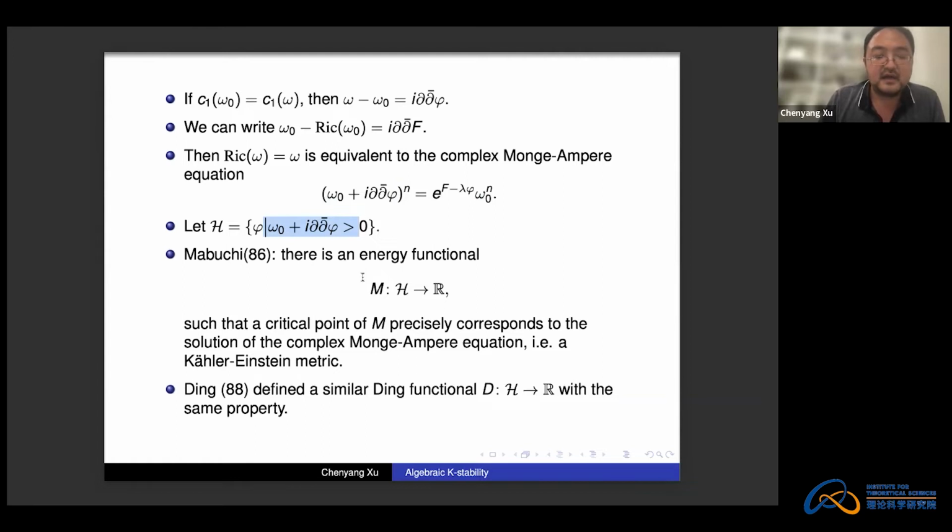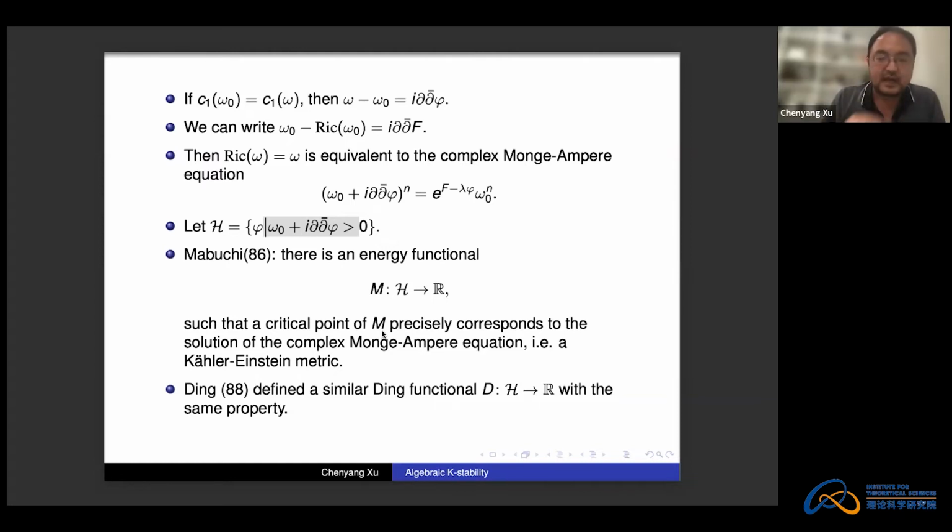And then Mabuchi wrote down an energy function. I think at that time he called it the K-energy function, and I think now people usually call it the Mabuchi functional. The explicit form of the functional is not important to us. But the key is that a critical point of this functional gives a solution of the complex Monge-Ampère equation. So in other words, we can find the Kähler-Einstein metric.